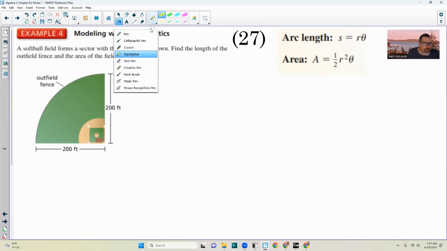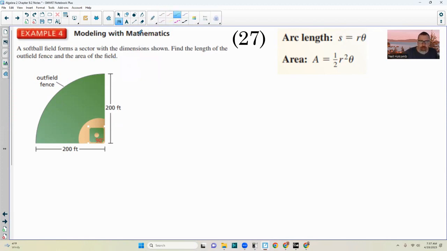So here's 90 degrees. I want to convert that to radians. So 90 degrees over 1 times pi radians over 180 degrees.